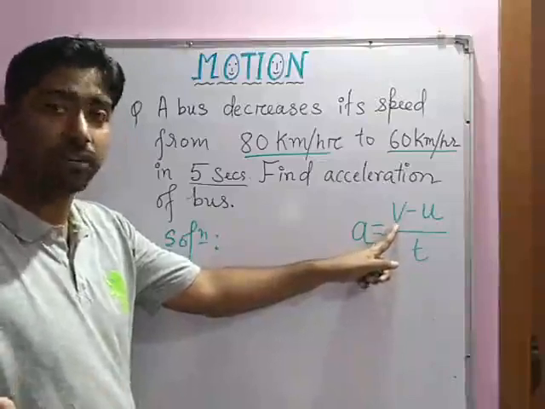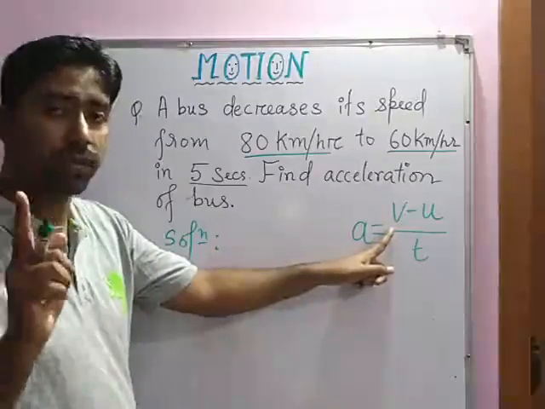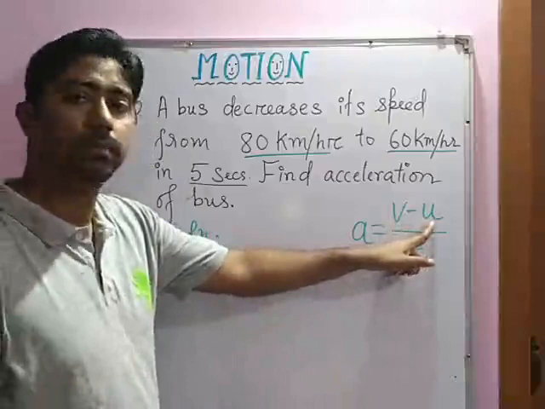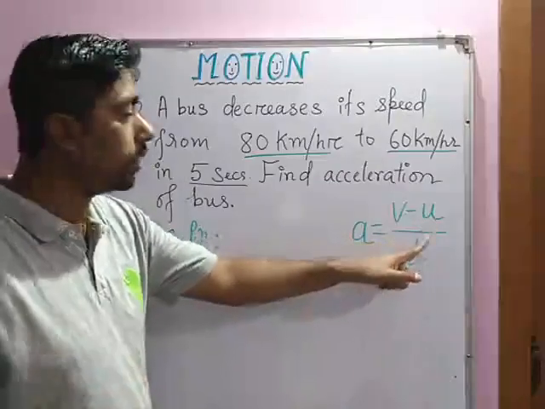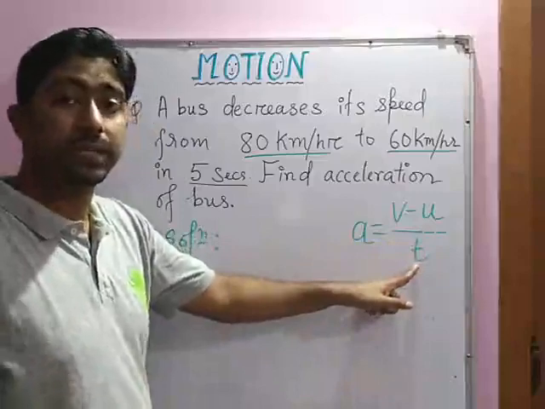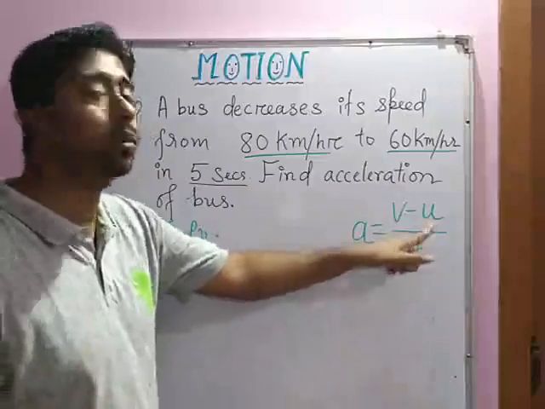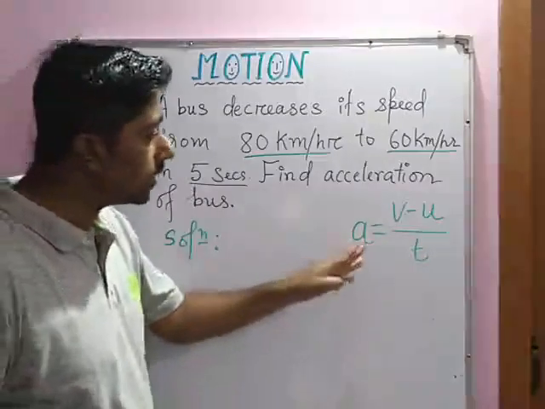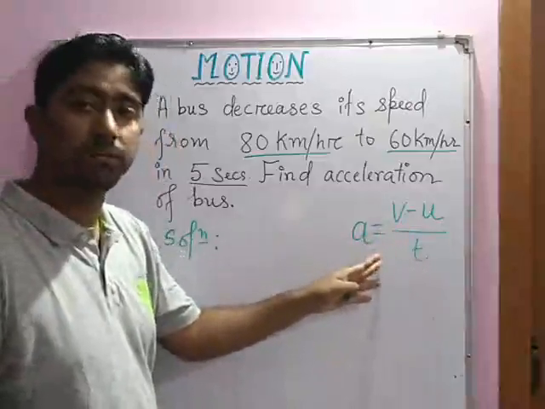It's definitely velocity, but what velocity? Initial or final? It's final velocity. What is this U? U represents initial velocity. What does this T represent? The time taken for the velocity of the moving object to change from U to V. So these are the various parameters in this particular formula.